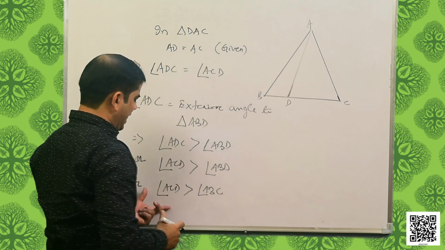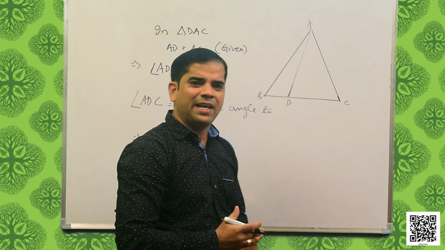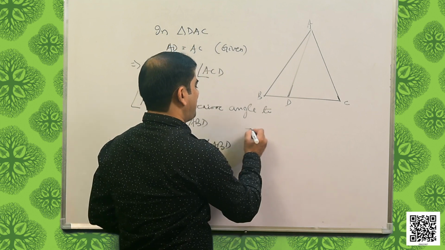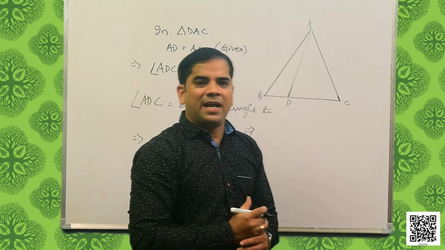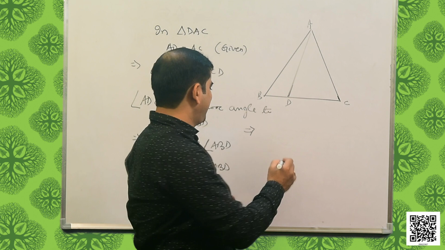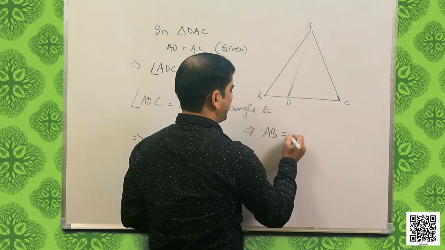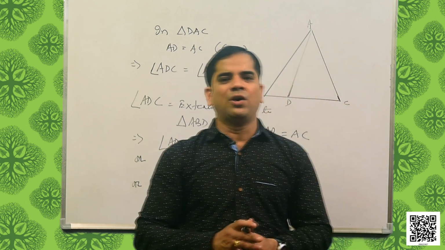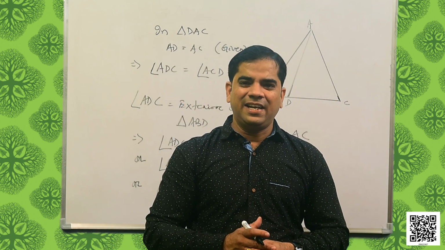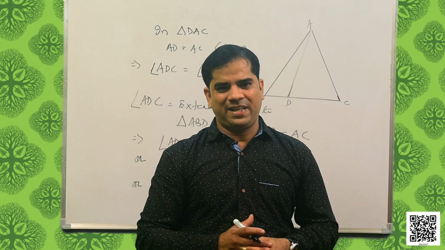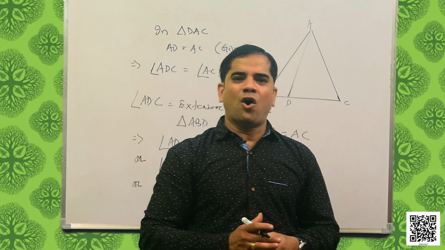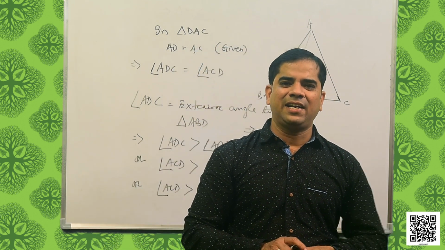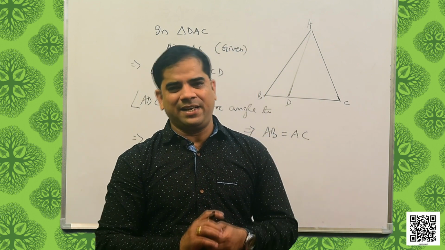That implies AB is greater than AC. Why? Because AB is the side opposite to the larger angle in triangle ABC.